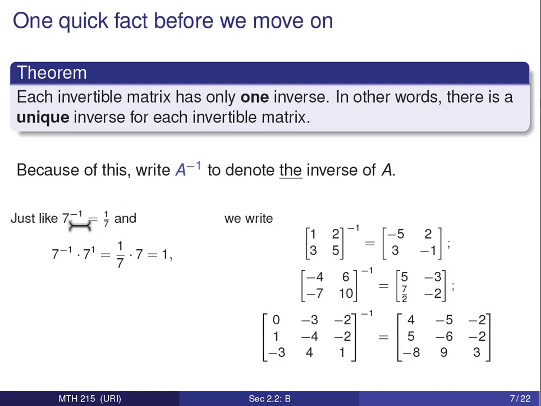This is in analogy with the reciprocal of a number, 7 raised to the -1. We interpret that to mean 1 over 7. We interpret that to mean the thing that when you multiply it by 7, you get 1 out. Or if you were to think of the exponent rules, -1 plus 1 gives us 7 to the 0. That also equals 1.